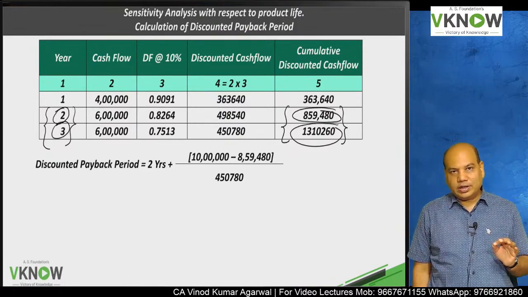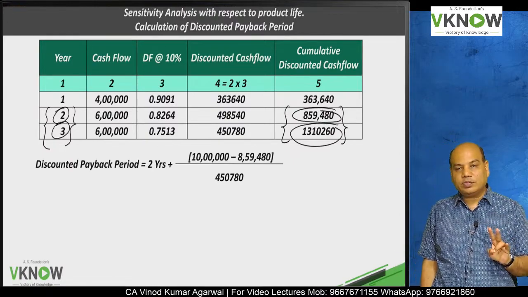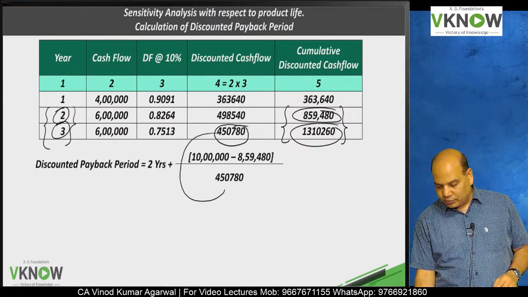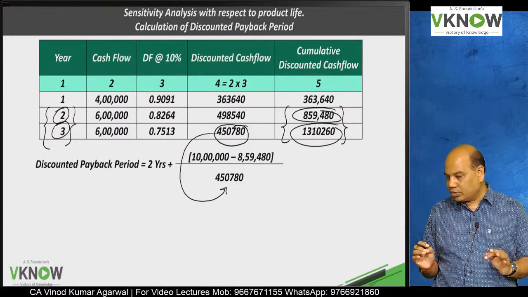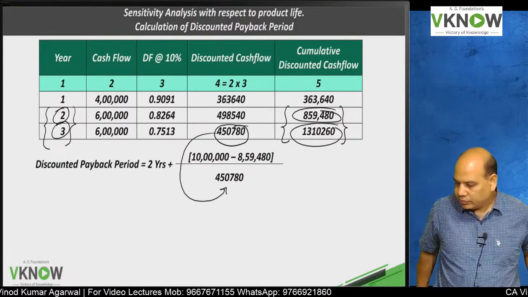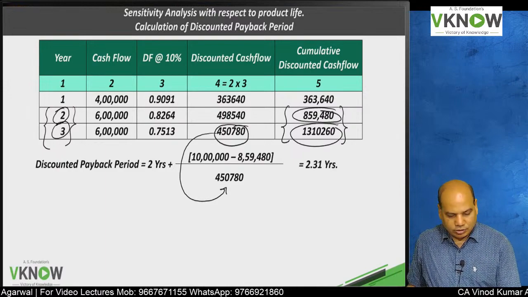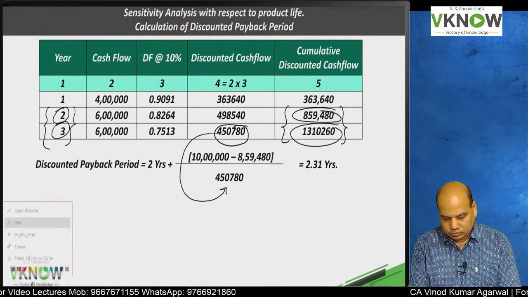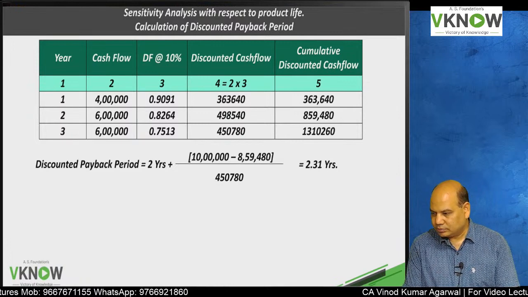You have to recover 10 lakh. In 2 years you have recovered 859 480 minus 859 480, but the third year cash flow is 450 780. So the proportionate period required is how much? 2.31 years. Very good. 2.31 years approximately.